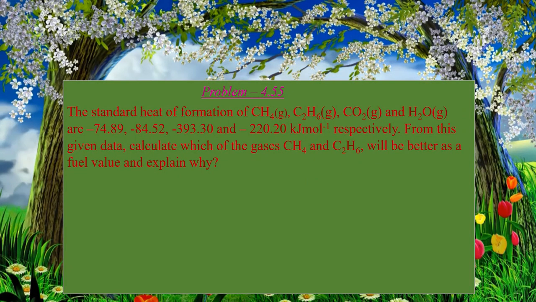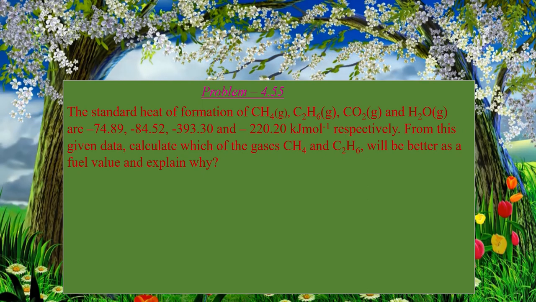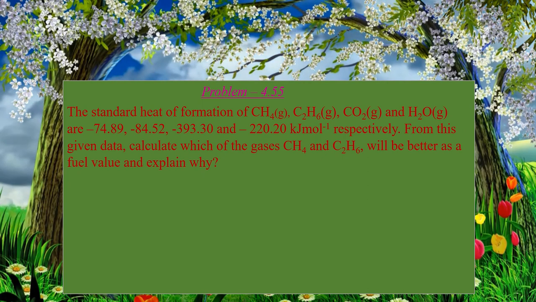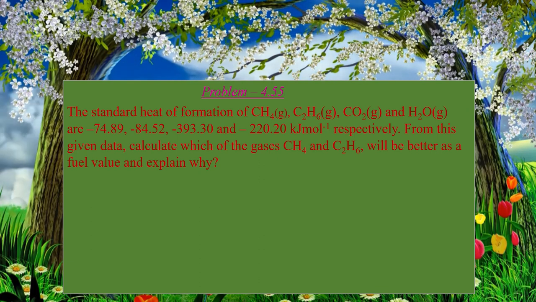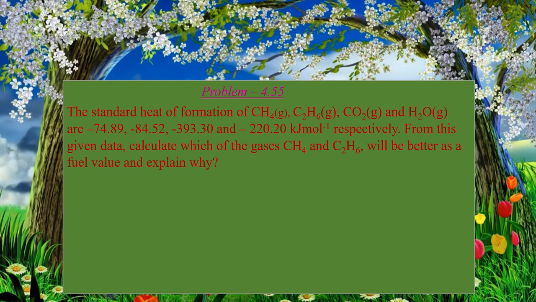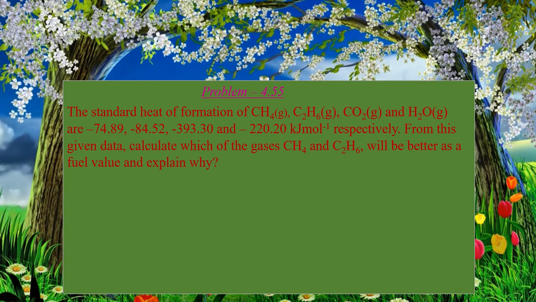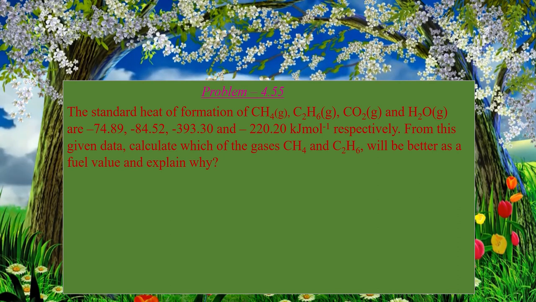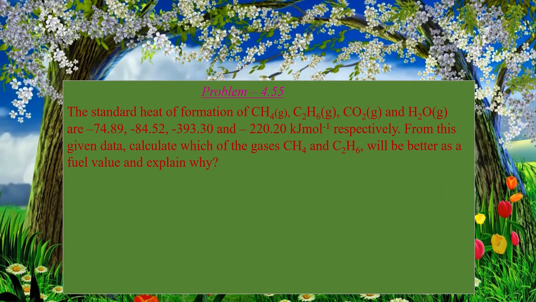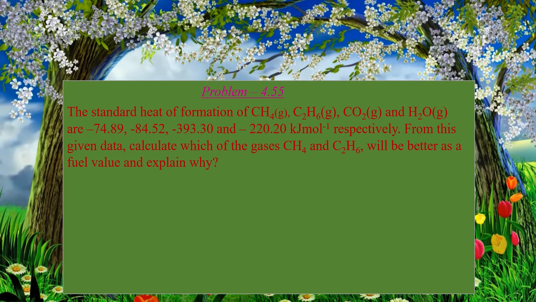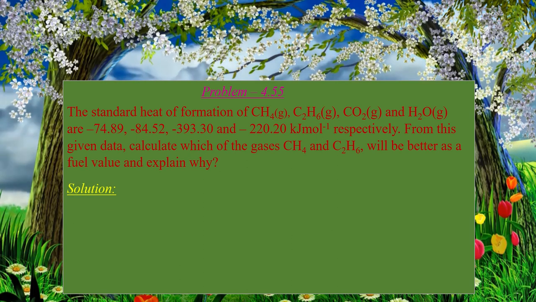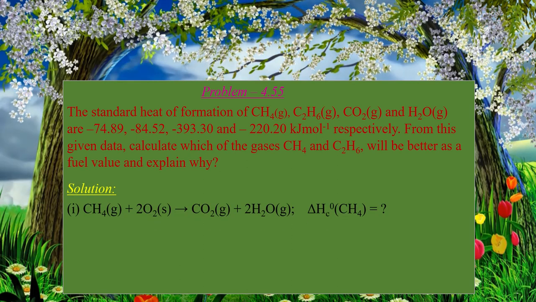We have to find out which one is better fuel. I have already told that to analyze the efficiency of fuel, we have to calculate the heat of combustion of the fuel. So here we will calculate the heat of combustion of methane and ethane by using the data given in the math. There are two reactions.